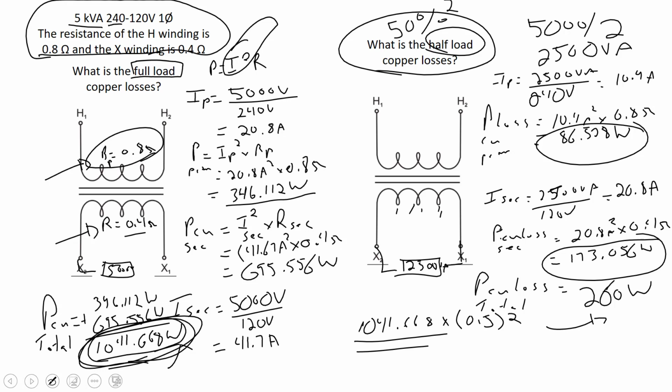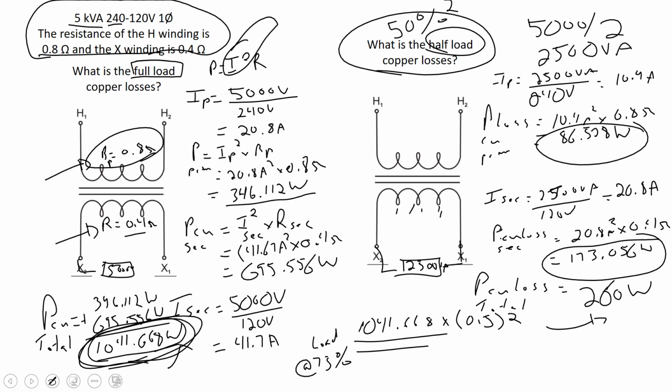I would just take that full load copper losses from my short circuit test and multiply it by my percentage load I'm at squared. So let's say in this example we did a 0.5. What would be the losses at, let's say, 75%? So if I want to know at 75% load, what are my losses?